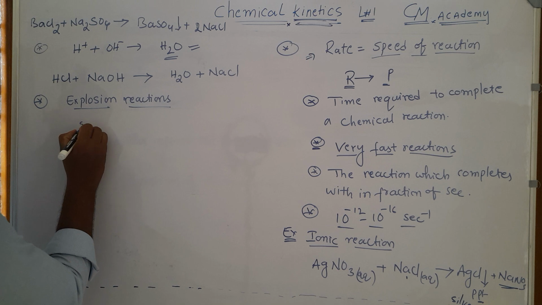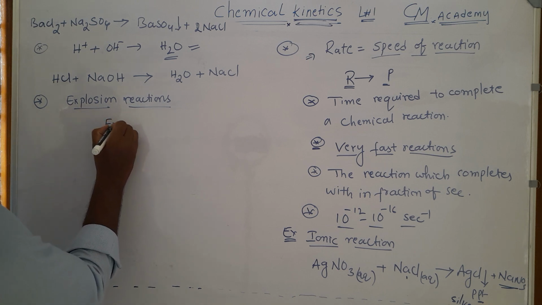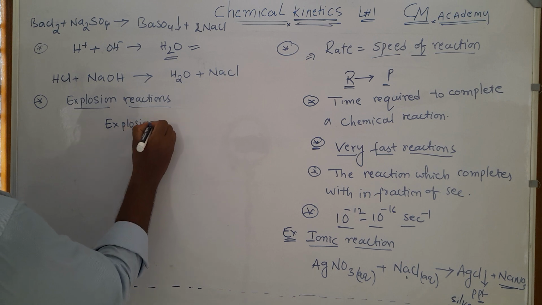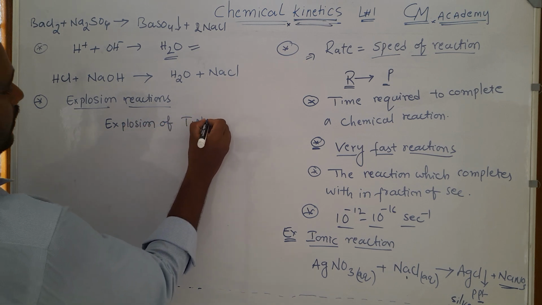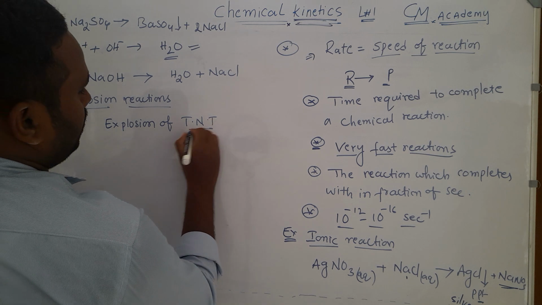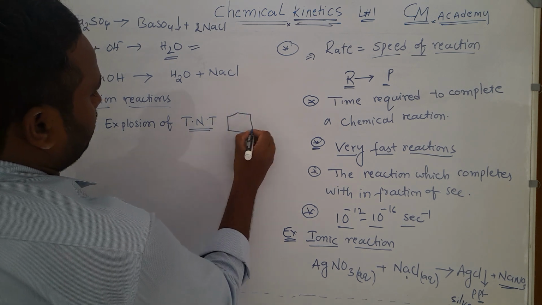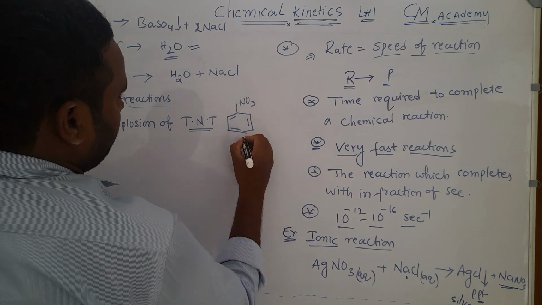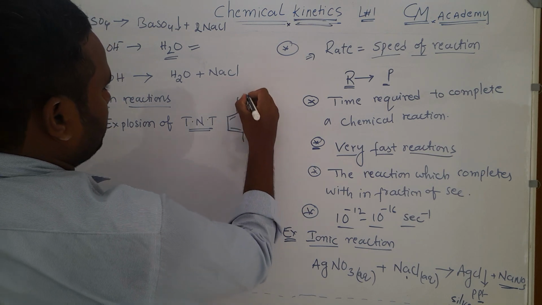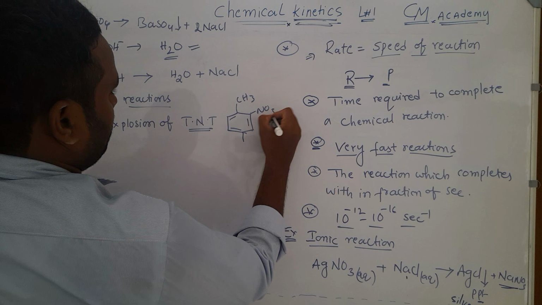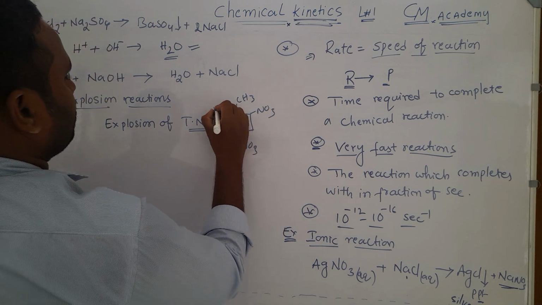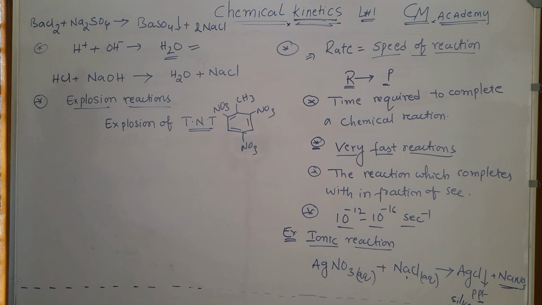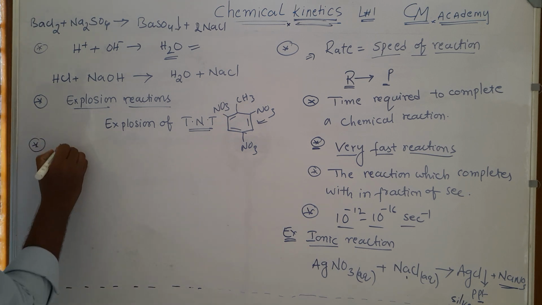For example, explosion of TNT, trinitrotoluene, with CH3 and three NO3 groups on the ring. So this is trinitrotoluene. Explosion of trinitrotoluene is one of the very fast reactions. Next, coming to very slow reactions.